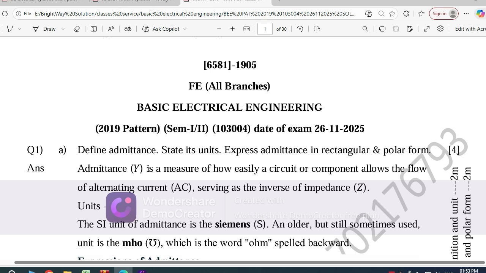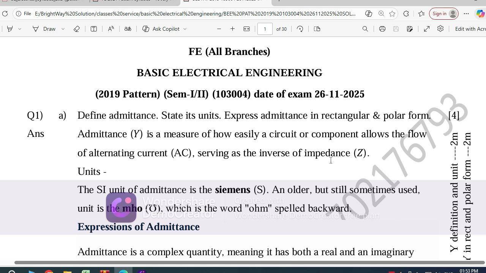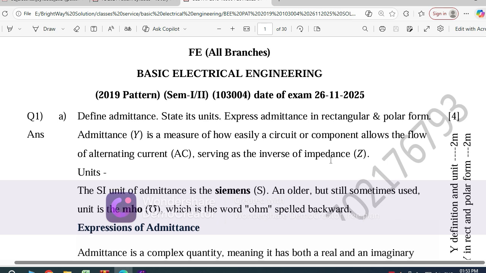Here it states: define admittance, state its unit, and express admittance in rectangular and polar form. This is the first question, for four marks. Admittance Y is a measure of how easily a circuit or component allows the flow of alternating current, serving as the inverse of impedance.